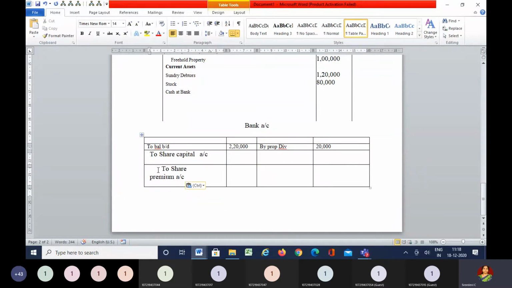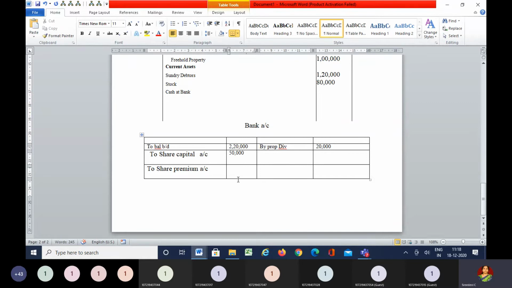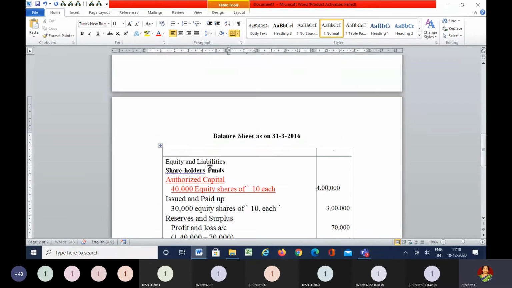Now please balance the account and let me know what is the closing balance left over.